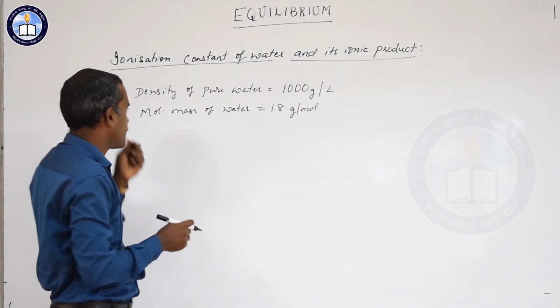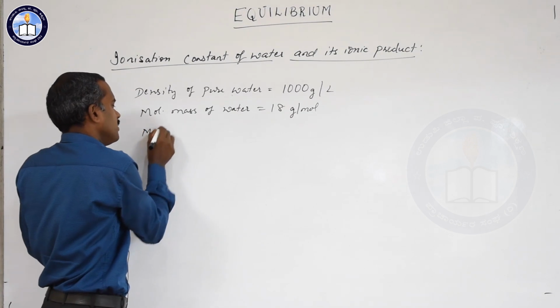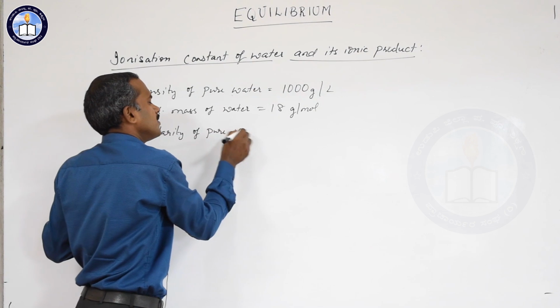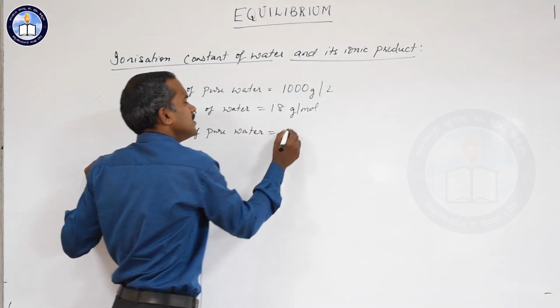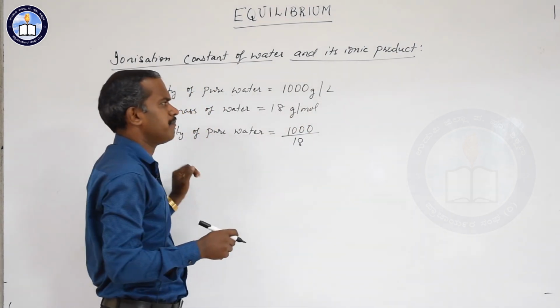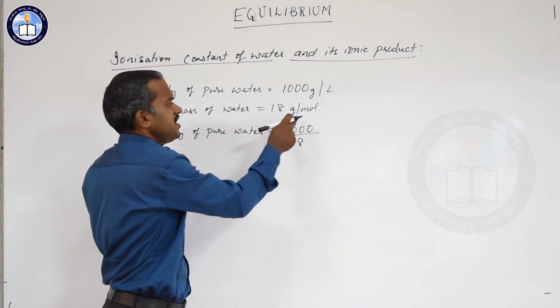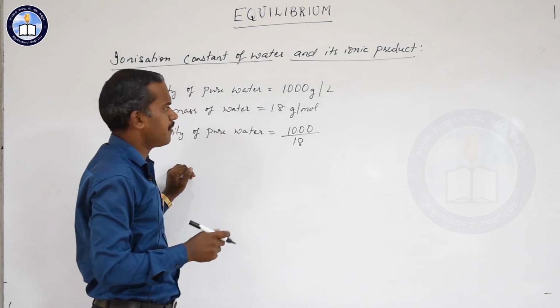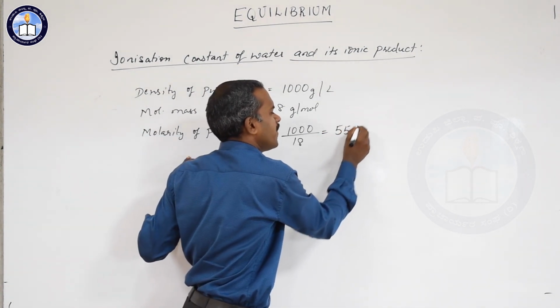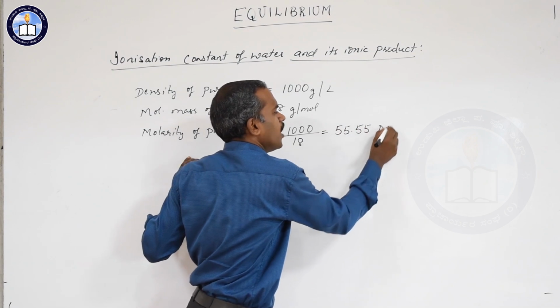Now from this we can calculate the molarity of water. The molarity of pure water you can calculate as 1000 divided by 18. The units remain the same, gram per liter for the density and gram per mole for the molar mass. When you simplify this, it becomes 55.55 molar.